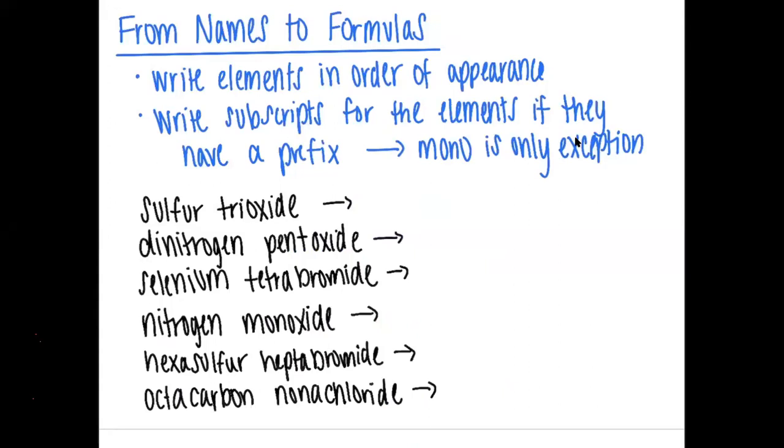By that I mean if we look at sulfur trioxide, you're going to write S for sulfur first. Oxide, we know, is oxygen, and that prefix tri means I have three of them. So sulfur trioxide is SO3. Okay, Ralph, you got a mic?